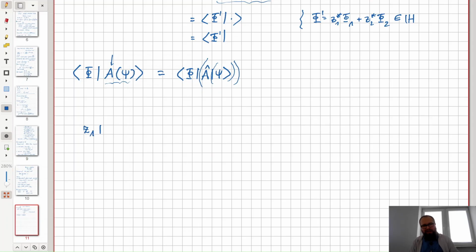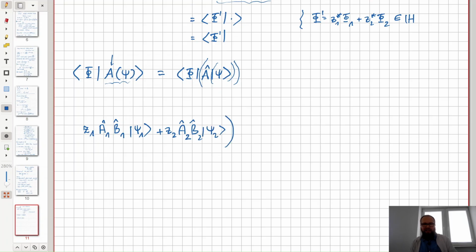Z1, A1, B1 and some psi 1, plus Z2, A2, B2, psi 2.